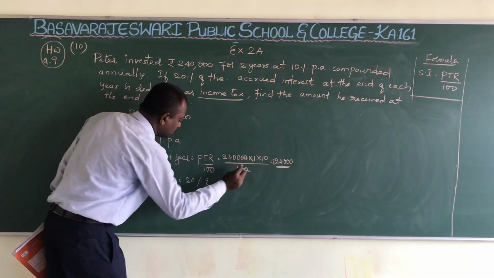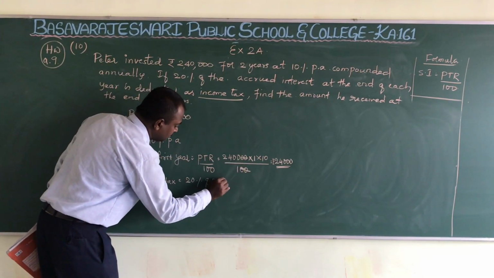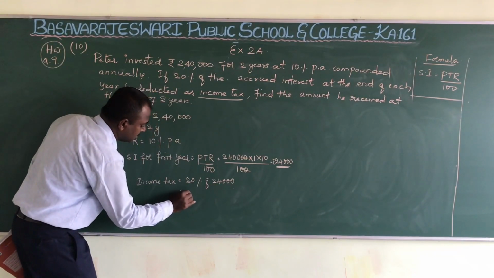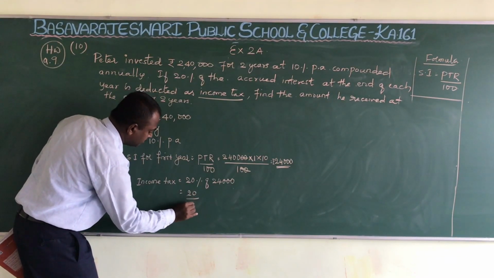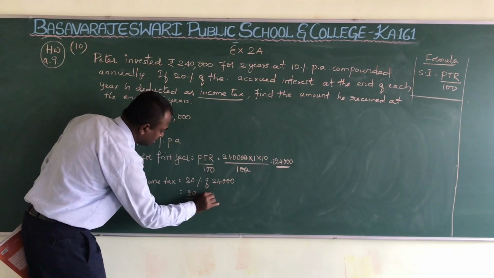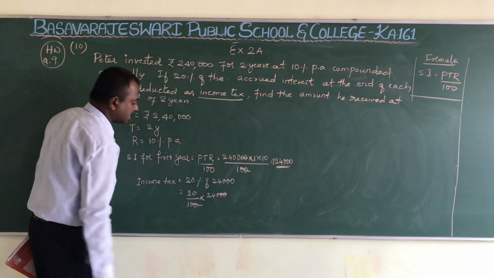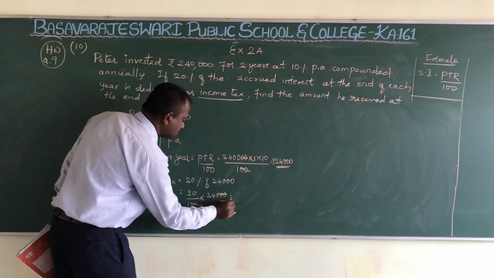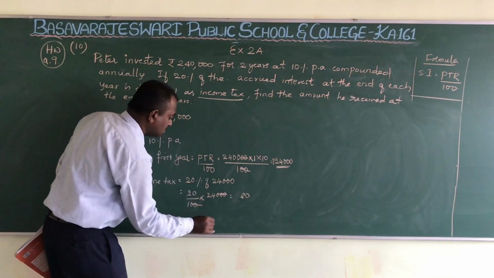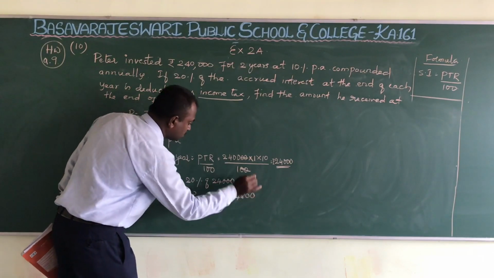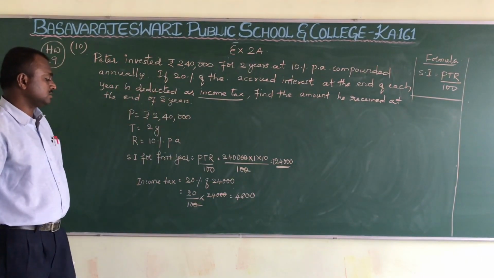How much? 24,000. So that is equal to 20 by 100 into 24,000. So two zeros cancelled. So what happens? 2 fours are 8, 2 2s are 4. 4,800 rupees is the income tax.